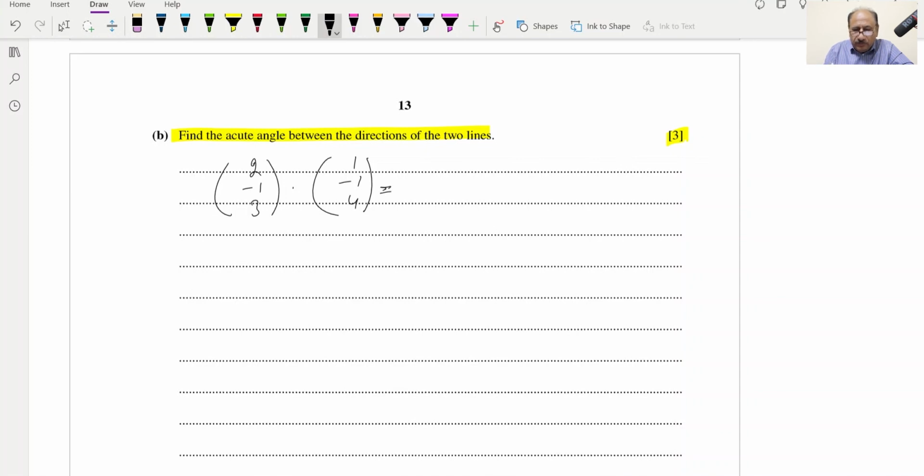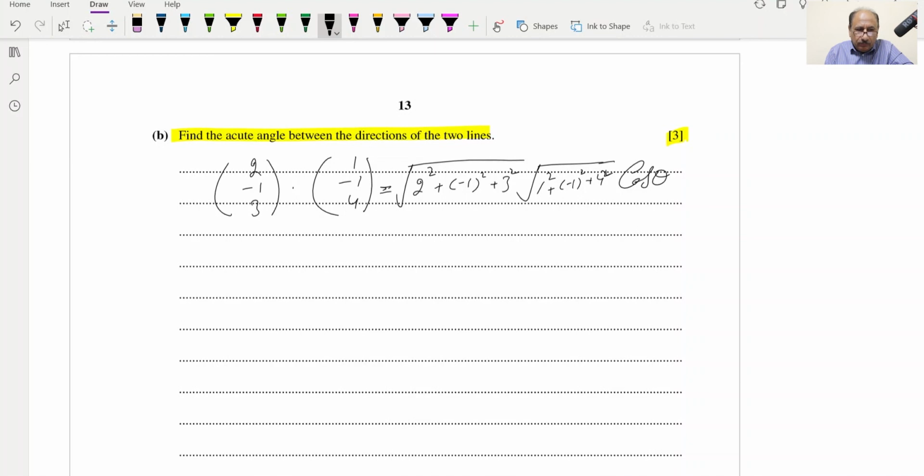So this will be the square root of 2 squared plus (-1) squared plus 3 squared, and the second will be the square root of 1 squared plus (-1) squared plus 4 squared, times cos theta.